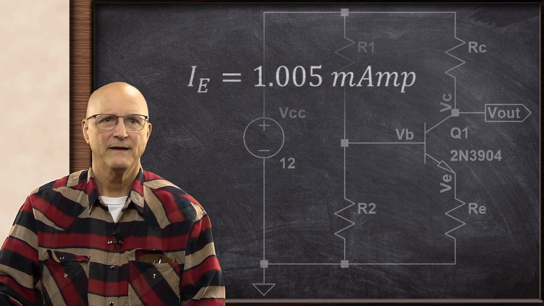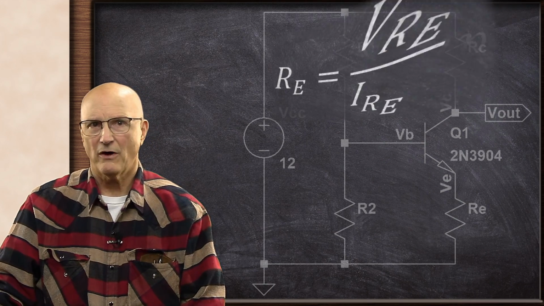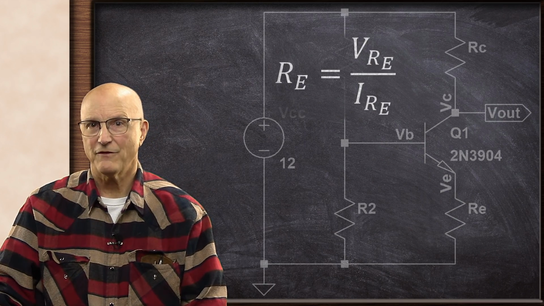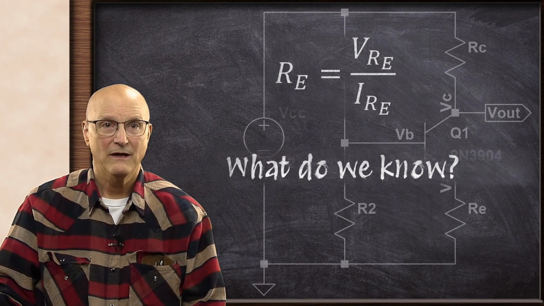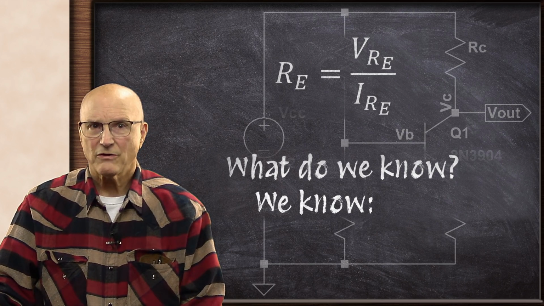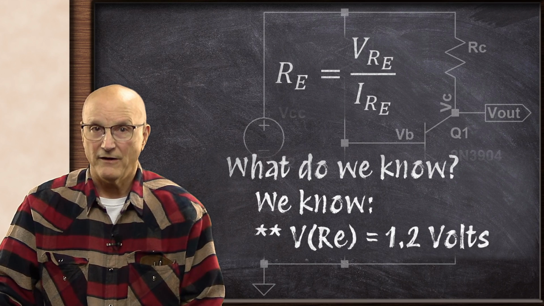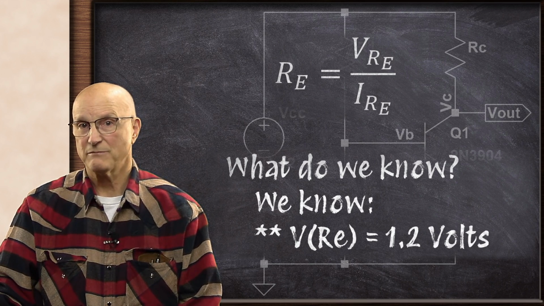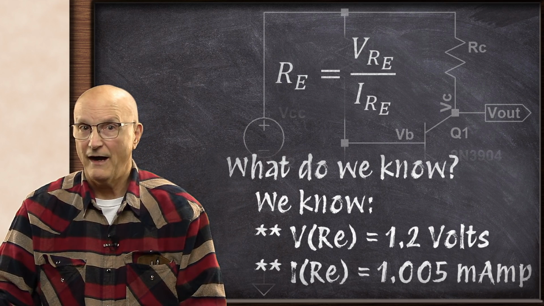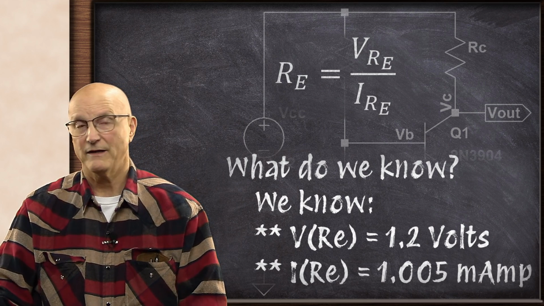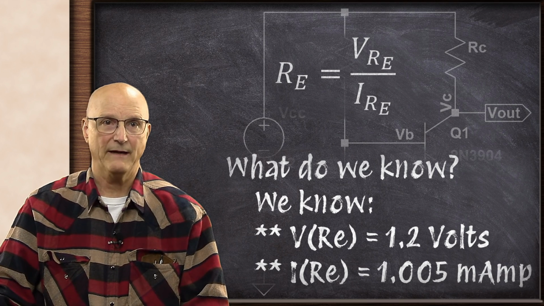Now we can return to our Ohm's law equation to solve for the value of the emitter resistor. Well, what do we know? We know that the voltage across the emitter resistor, VRE, is 1.2 volts by our rule of thumb, and the current through it, IRE, is 1.005 milliamps.